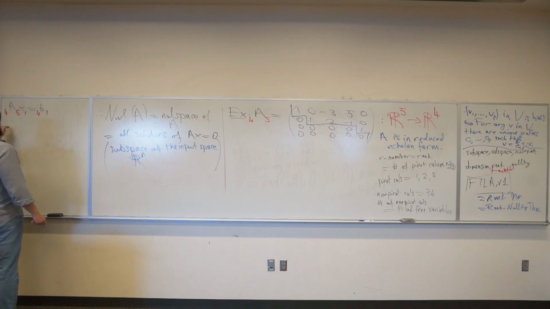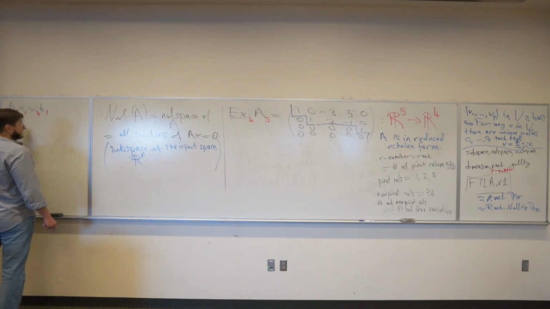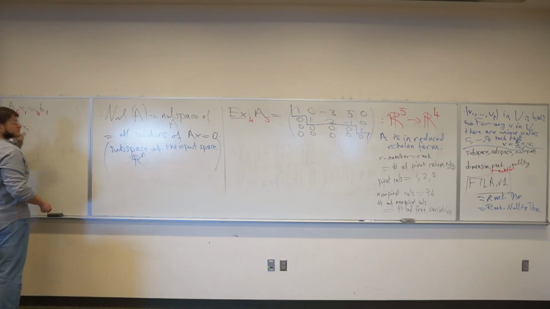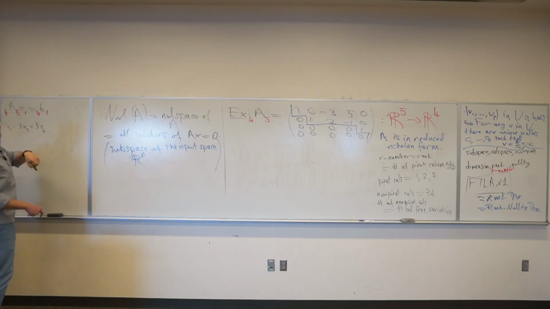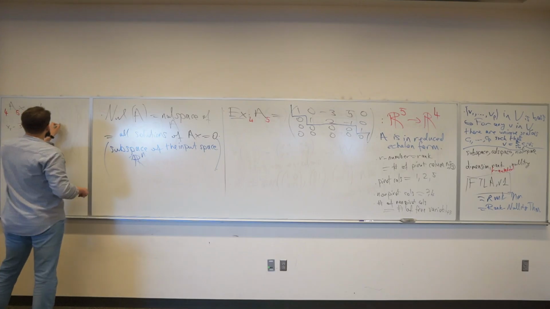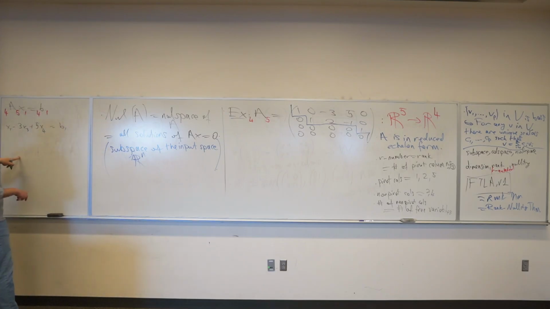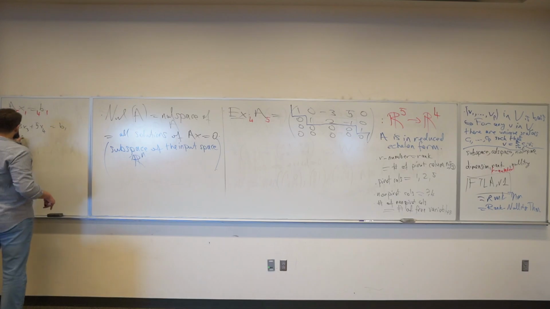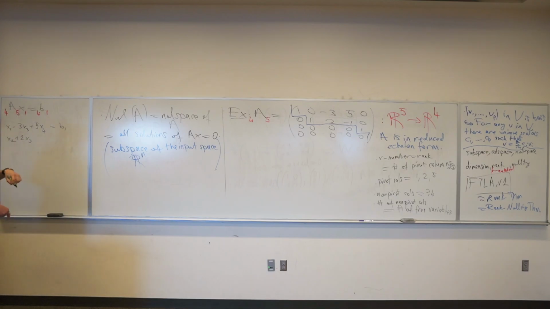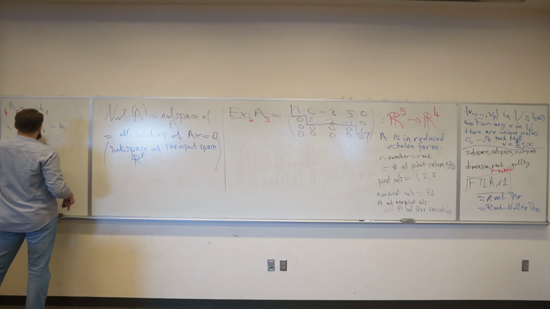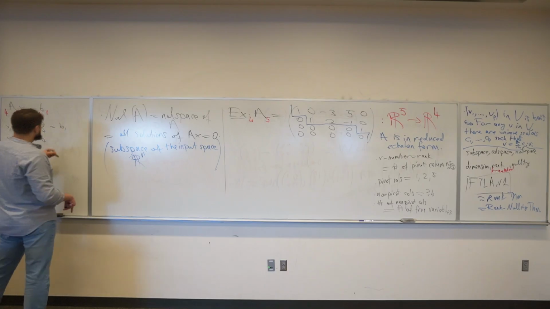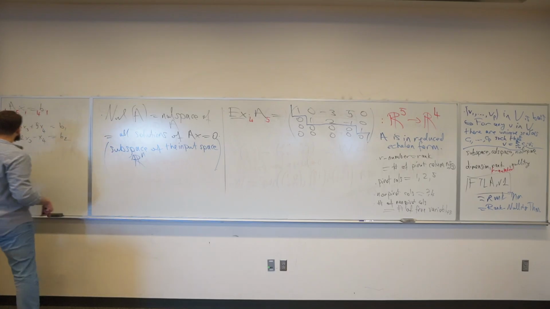This says x1 minus 3x3 plus 5x4 equals b1. x2 plus 2x3 minus x4 equals b2.